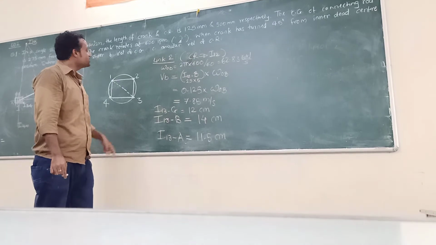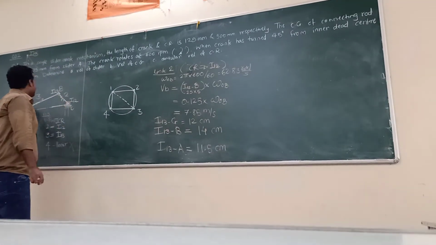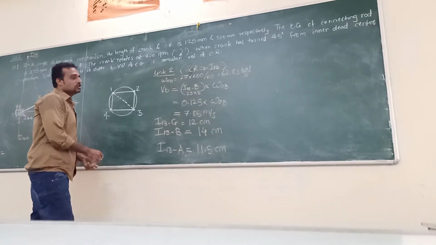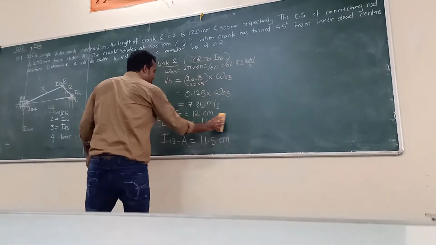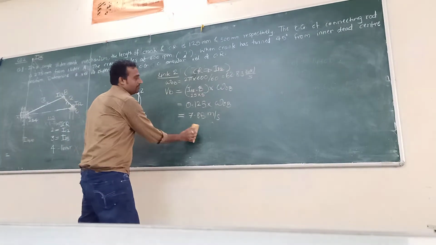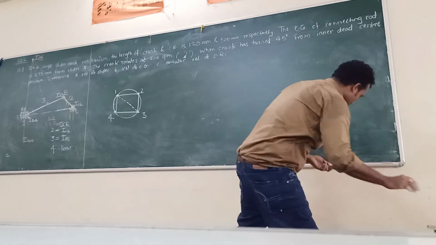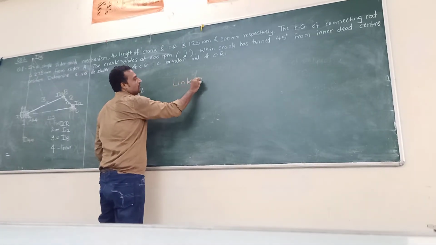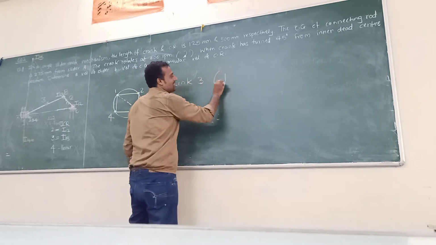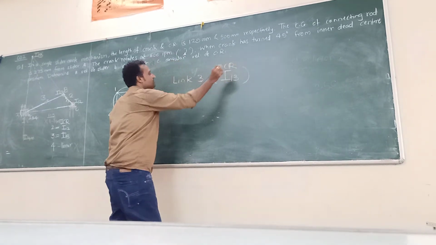Now the next step is to calculate velocity of point A and velocity of point G. For that we consider link number 3. Link number 3, ICR is I13, that is the center of rotation.